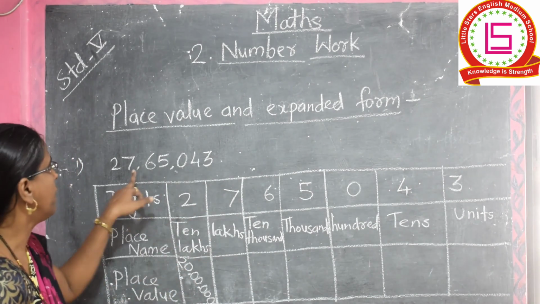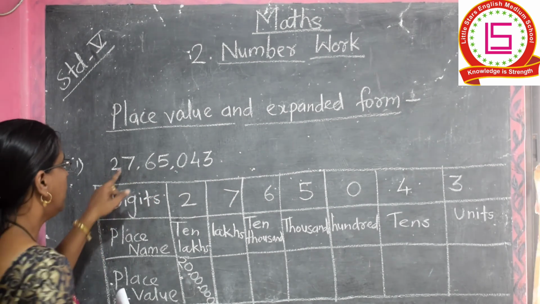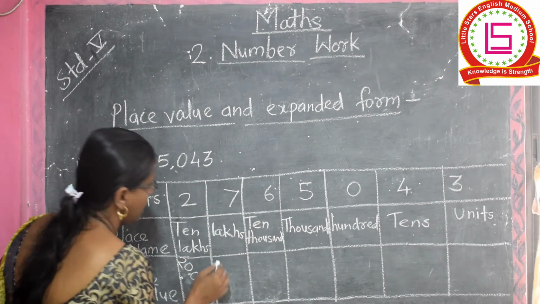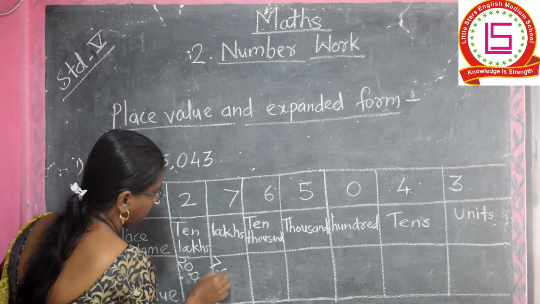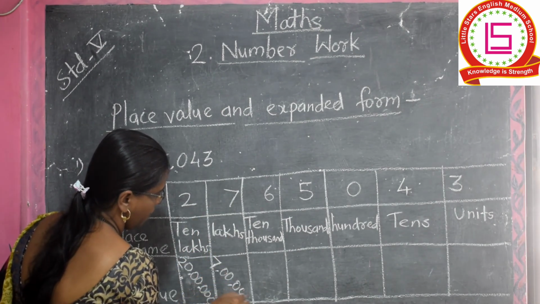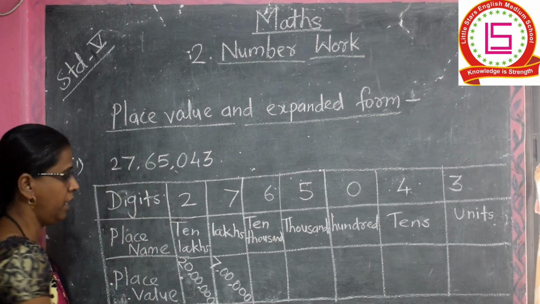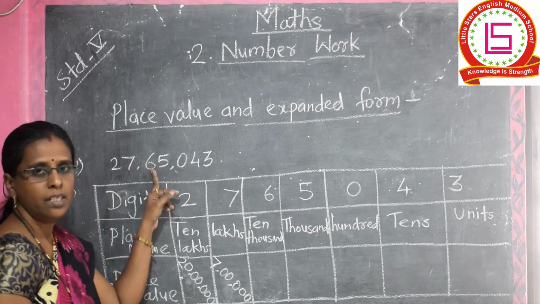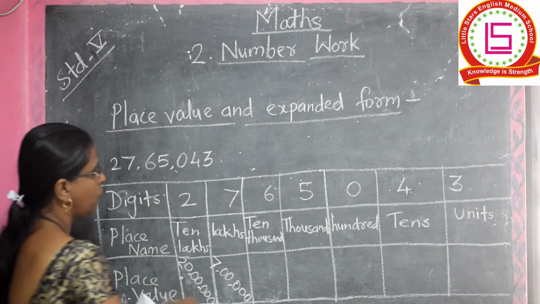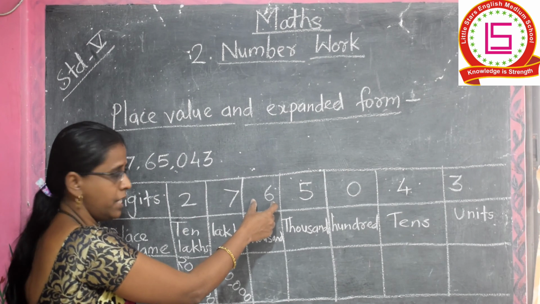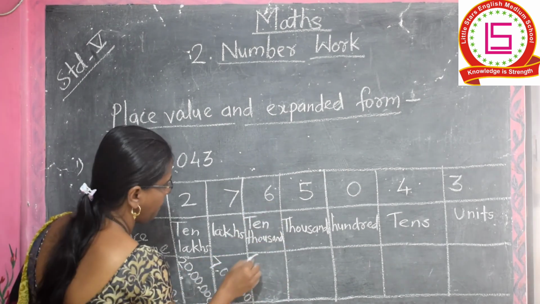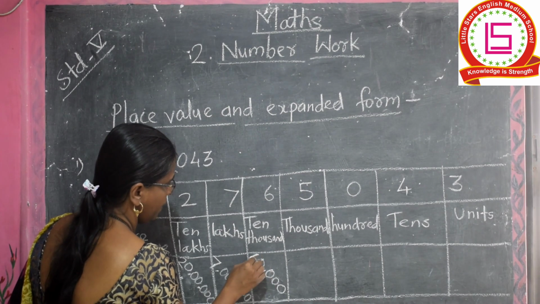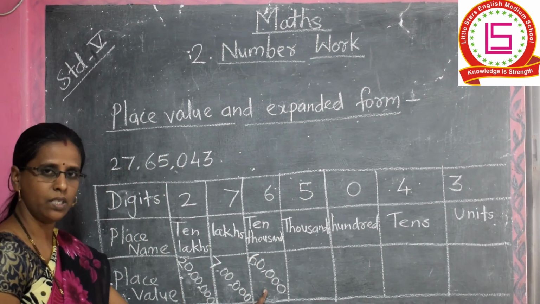Then here 7. 7 is at lakhs place. So the place value of this 7 is 7 lakh. Then 6. 6 is present at the 10,000 place. So place value of this 6 is 60,000.